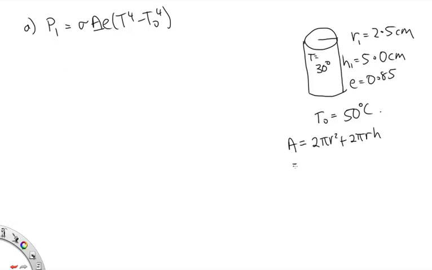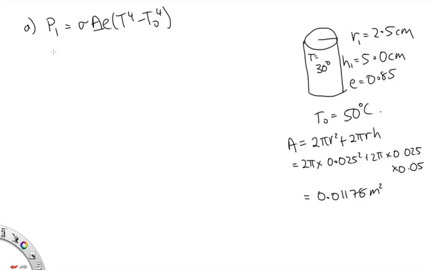Substituting in, we've got 2 pi times 0.025 squared plus 2 pi times 0.025 times 0.05. Solving that on the calculator, you end up with 0.01178 meters squared as the surface area.